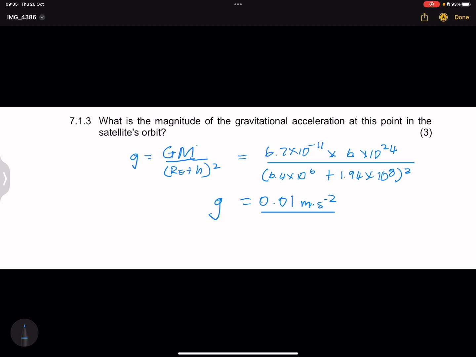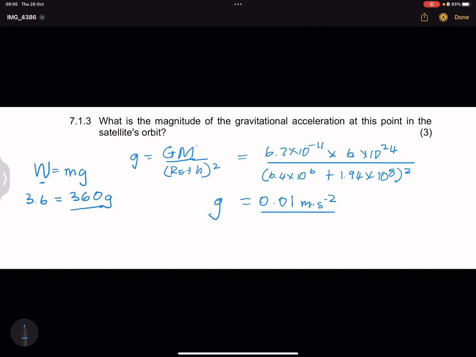Another way that you could have done this is that you remember that weight is equal to m times g, right? So we already had the force, the weight of this object away from the earth. The earth exerted a force of 3.6, and the mass of this object was 360.